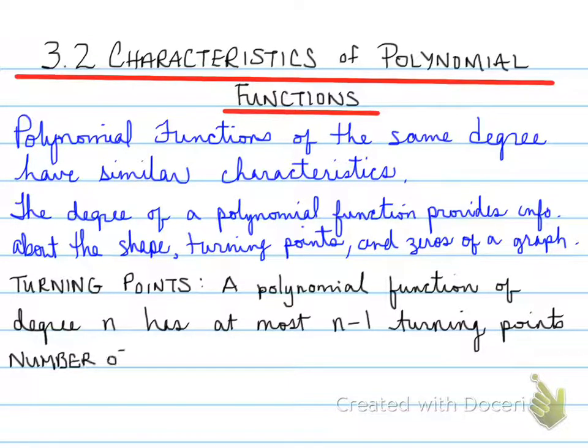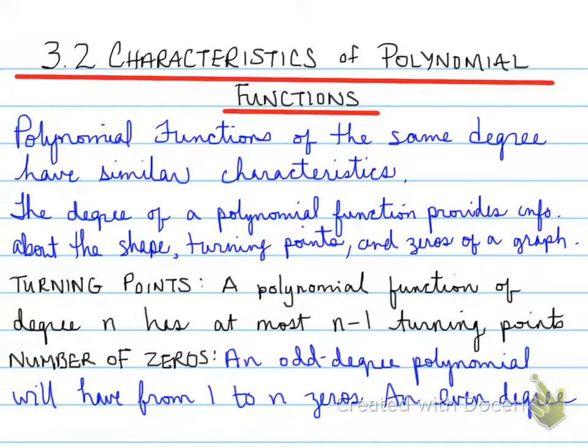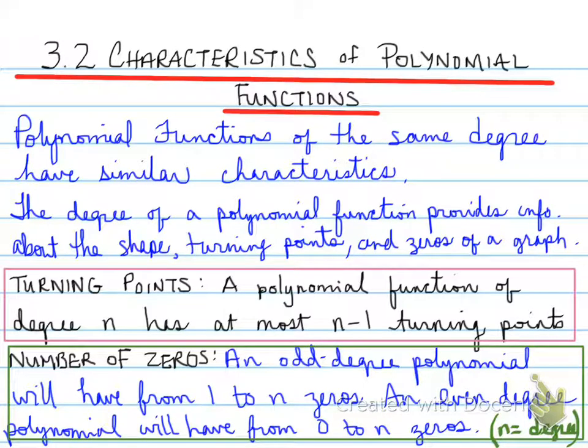Next, the number of zeros: an odd degree polynomial will have from 1 to n zeros. An even degree polynomial will have 0 to n zeros. What that means is that you don't necessarily have to hit the x-axis all the time.